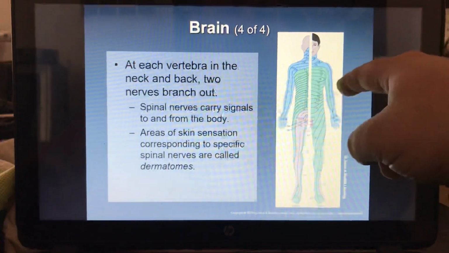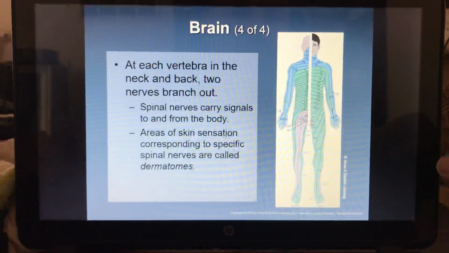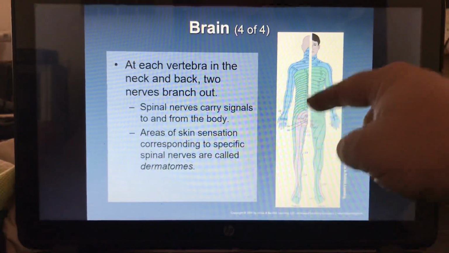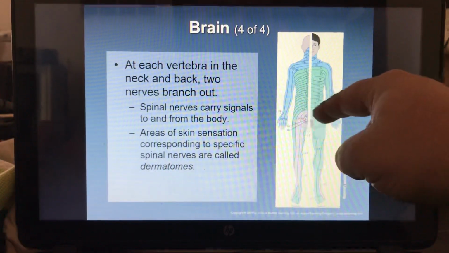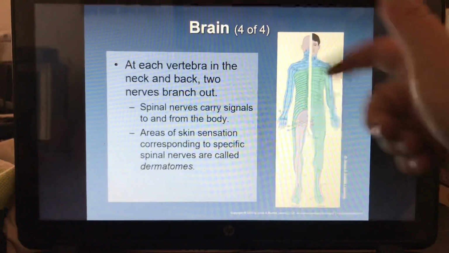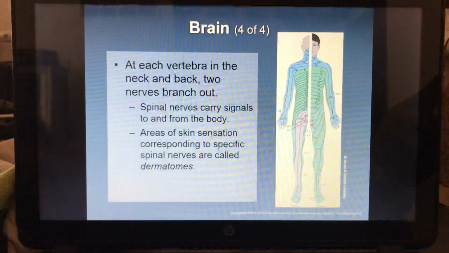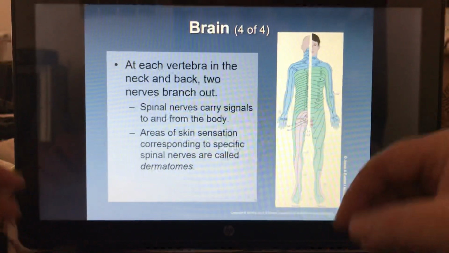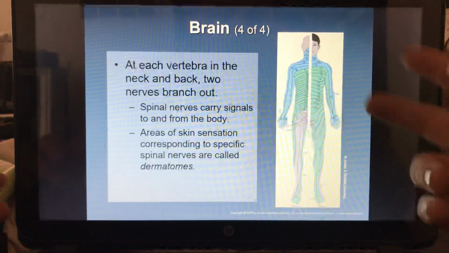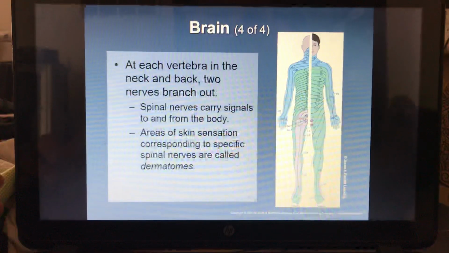That's why they're able to tell by the pain of what you feel. Like, there are some people that have something called sciatic nerve pain. Well, there's the sciatic nerve, but based on which side is being pinched and stuff like that, they can figure out where, if you have some sort of herniated disc or an issue of that nature. So they're able to tell by the pain that you feel, the location, and what nerve is probably being affected.